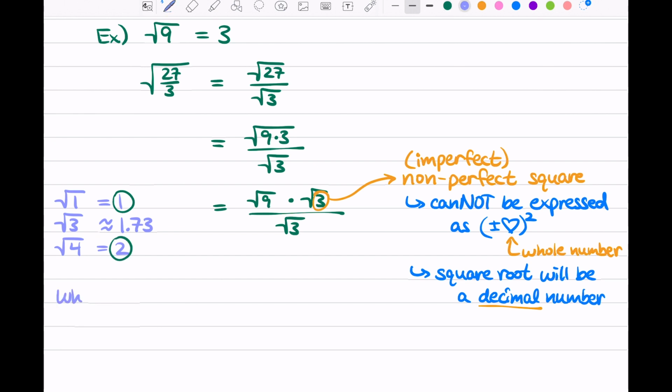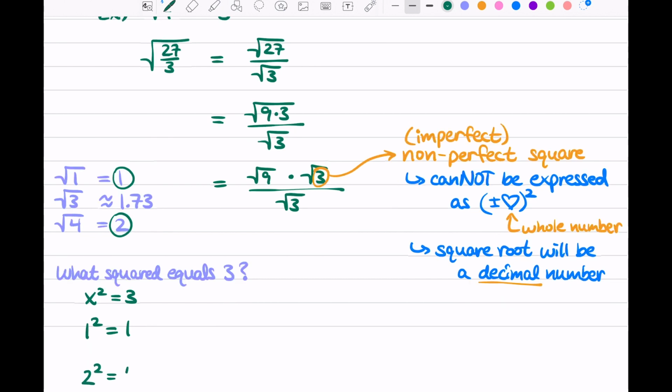If you ask what squared equals 3, that's the same as writing x squared equals 3. And we know that 1 squared equals 1, so that's too small. And 2 squared gets us to 4. That's too big. So if we want something squared to equal 3, that something, our number in disguise, has to be between 1 and 2. And we have to use a calculator, in this case, to get to our 1.73.